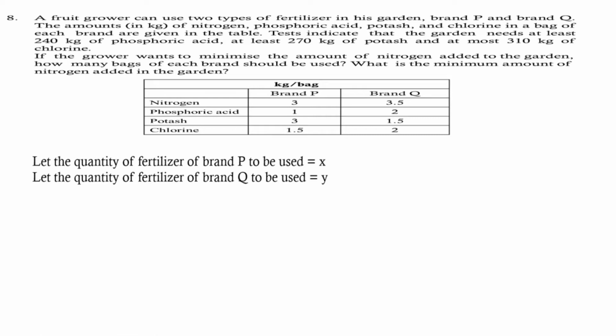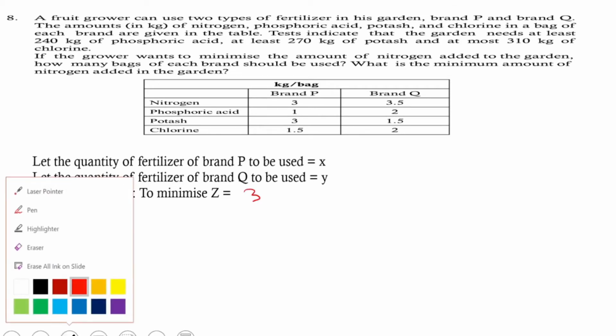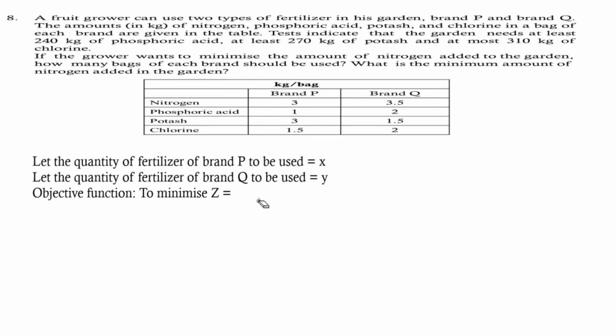The question says we have to minimize the amount of nitrogen added in the garden. So first step, we can write the objective function. The objective function is to minimize Z is equal to 3x plus 3.5y, because brand P has got 3 kg of nitrogen per bag and brand Q has got 3.5 kg of nitrogen per bag.